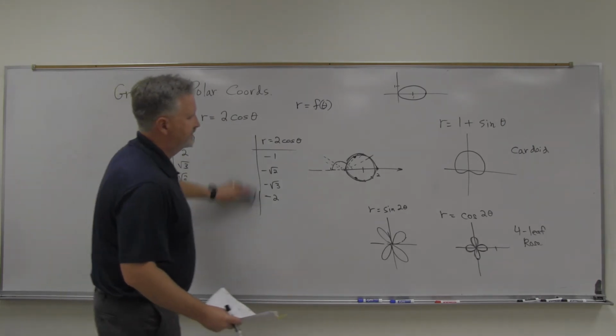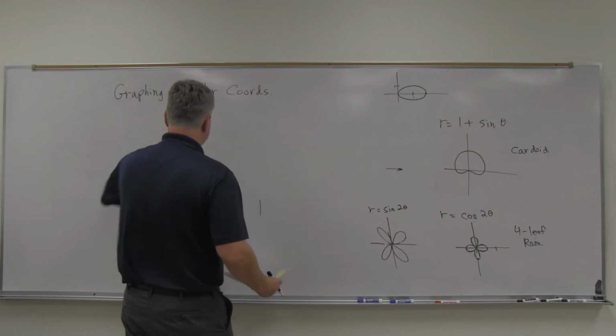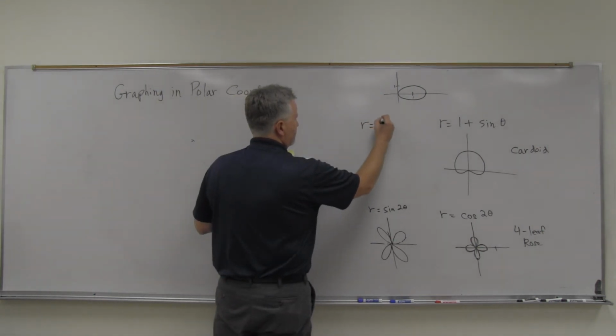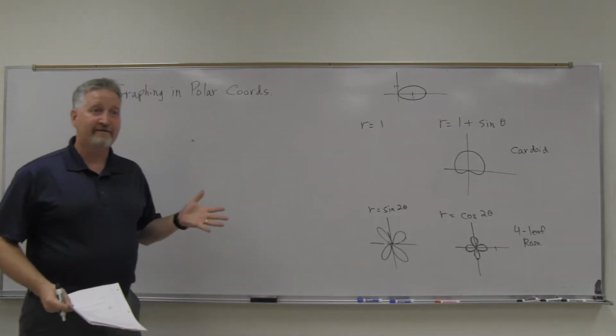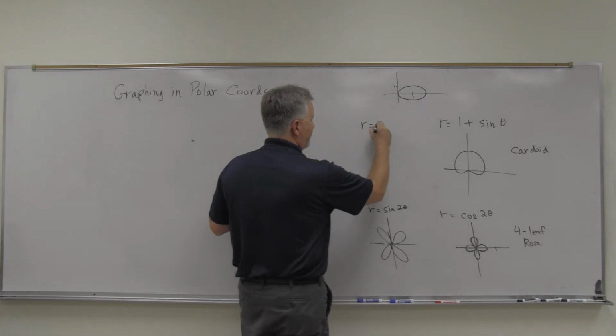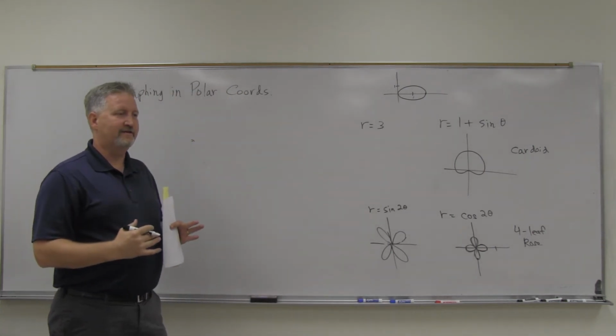Yeah, so you get some interesting shapes, and we'll look at a couple other ones here. R equals 1, or R equals 3, or R equals just some number. Well, that's just saying the radius is always 3.